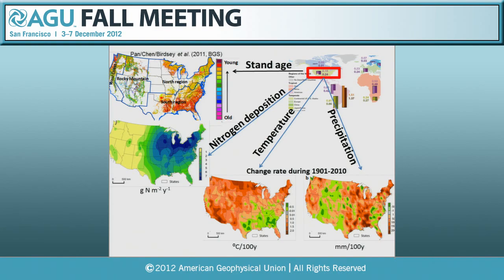Then nitrogen deposition and climate change, mostly temperature and precipitation. Temperature, of course, increases in most places, but southeast forests even decreased a little bit over the last 100 years, a little bit surprising to me. And while precipitation increases in most places, there is also a decrease in the Rocky Mountain area.